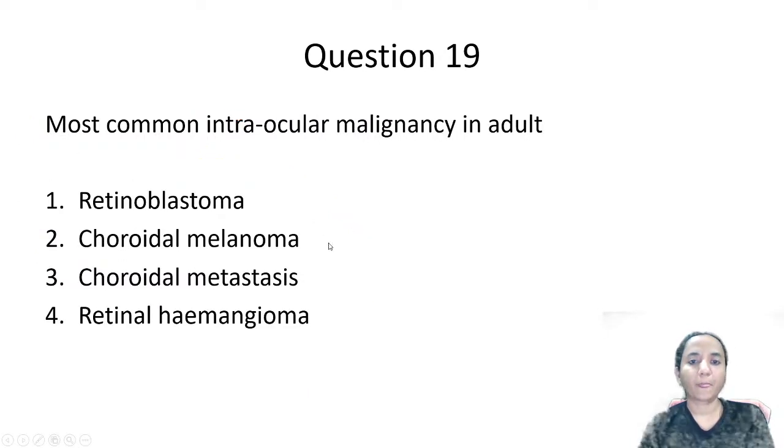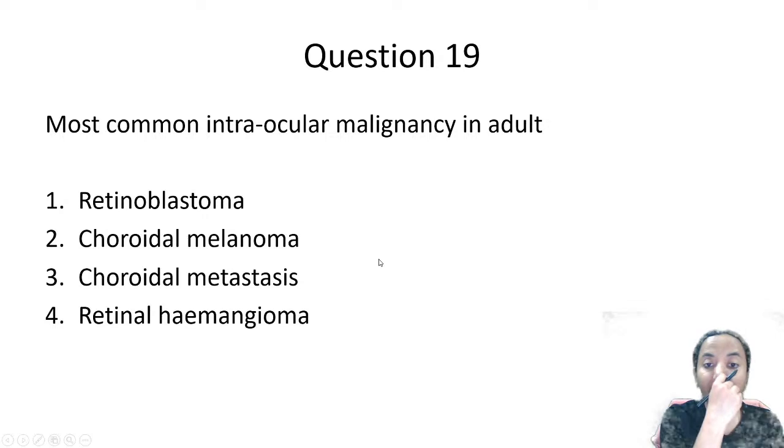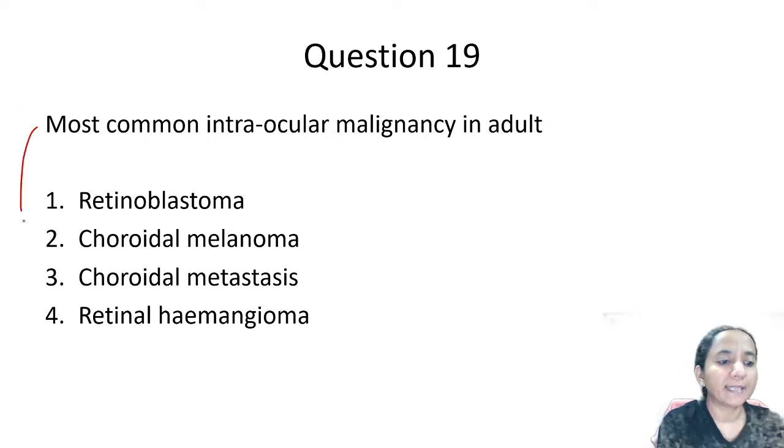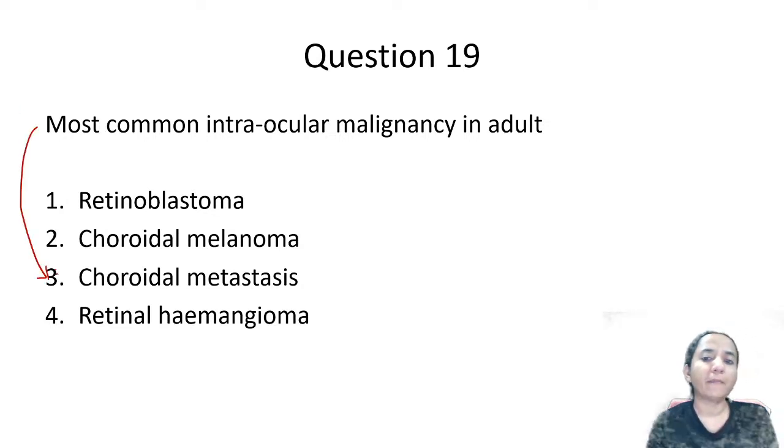Next, which is the most common intraocular malignancy in an adult? The answer is choroidal metastases. So the most common intraocular malignancy in an adult patient is actually not a primary condition, it is secondary.